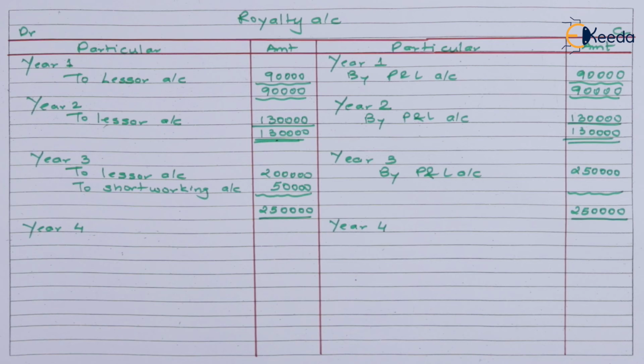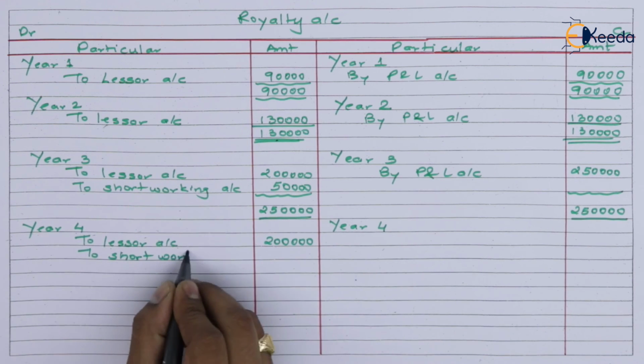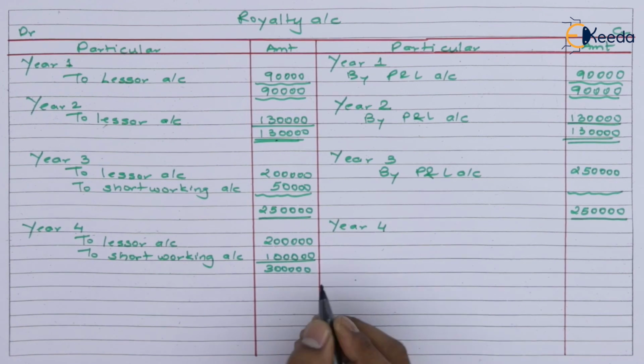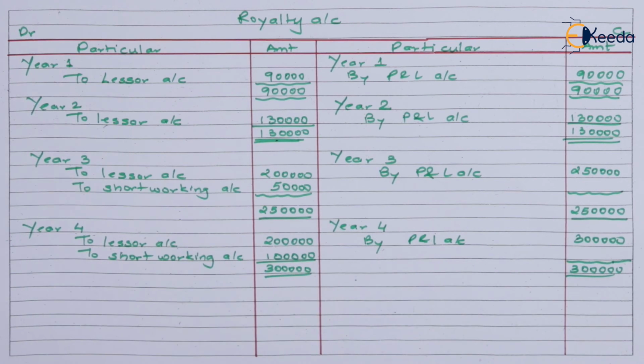Now we have year 4. So for year 4 also we have completed 3 lakh rupees in this specific segment. Now let's go on to year 5.